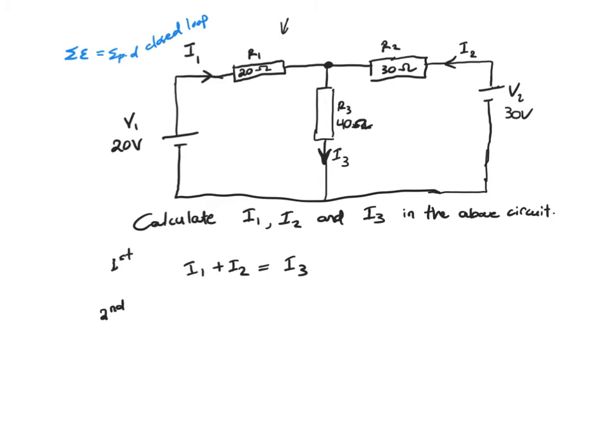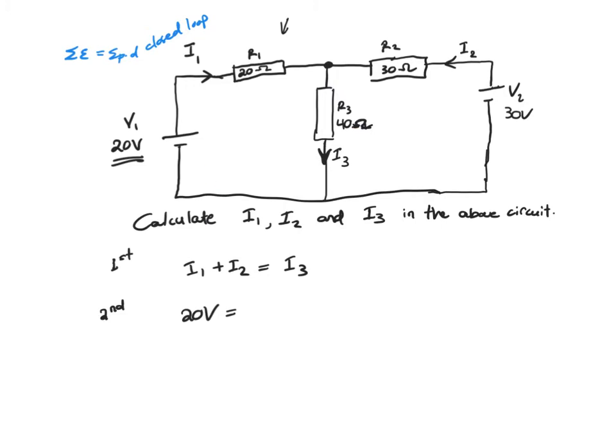We have the sum of EMF, which is 20 volts. In this case, that's the EMF source only for loop A. Loop A, again, is this loop here. This is my EMF, which should be equal to the sum of the potential differences across a closed loop. So the potential difference across here plus the potential difference across here.